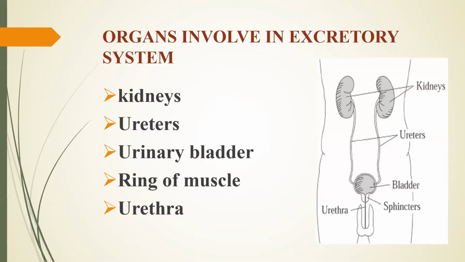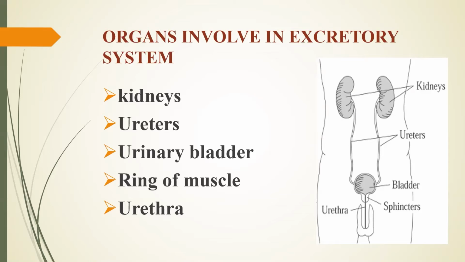Organs that are involved in the excretory system. Following are the organs involved in the excretory system: kidneys, ureters, urinary bladder, ring of muscle, and urethra. There are 2 kidneys in the urinary system, 2 ureters, 1 bladder, and a ring of muscle. The ring of muscle is basically formed by internal and external sphincters.